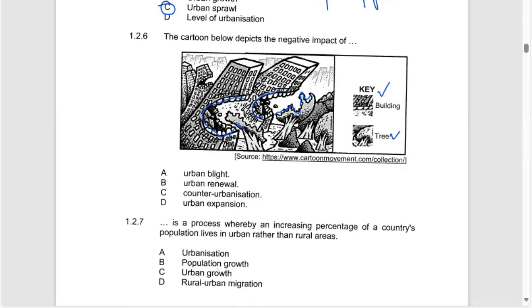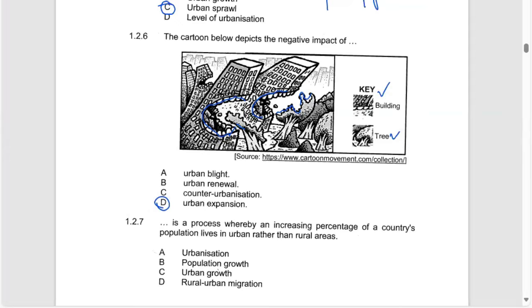It means the built-up area is advancing towards an area which is naturally vegetated. That is a typical example of urban expansion, the physical growth of urban areas. The urban area is growing and eating into the natural environment. The buildings are encroaching into an area which was previously rural or farmland.